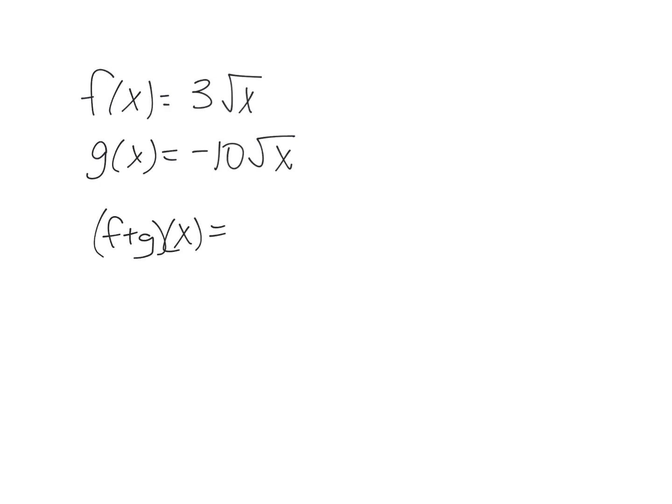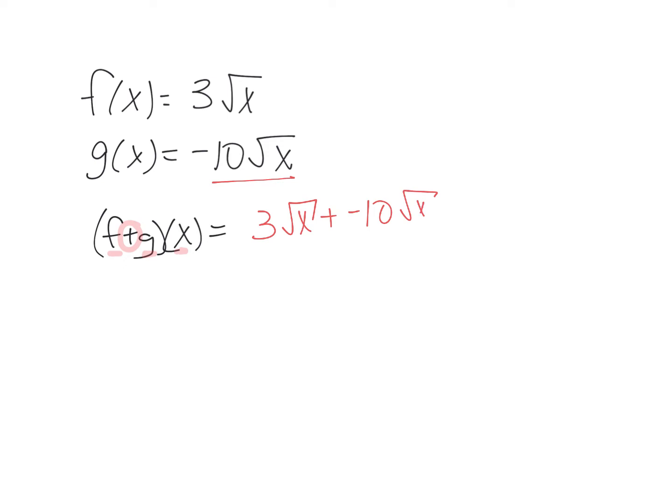And so then we're going to say, okay, if I take the function f of x and I add it to g of x, so we're going to have 3 square root of x plus my g, which is negative 10 square root of x.